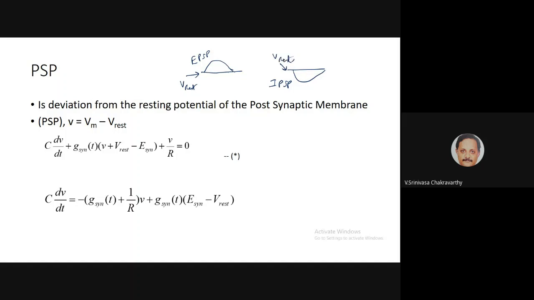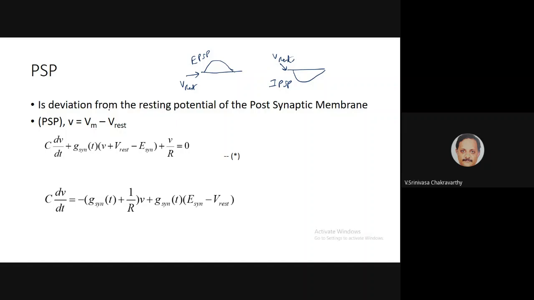So this voltage either goes above Vrest or below Vrest. So it makes more sense to define a new variable which represents the deviation of the membrane voltage from Vrest, so that if that variable is positive, we call it EPSP, and if that variable is negative, we call it IPSP. So we define this new variable small v, which is equal to Vm minus Vrest.